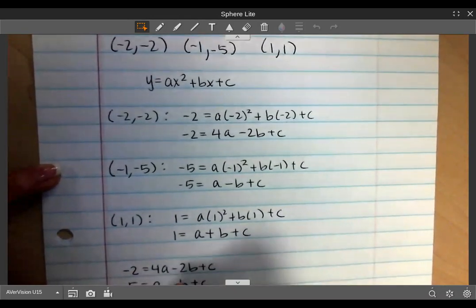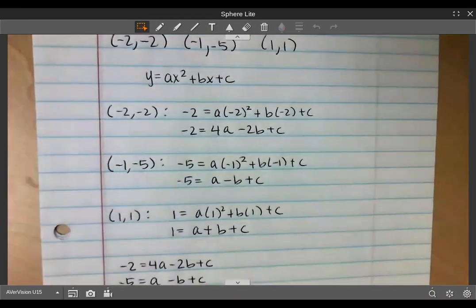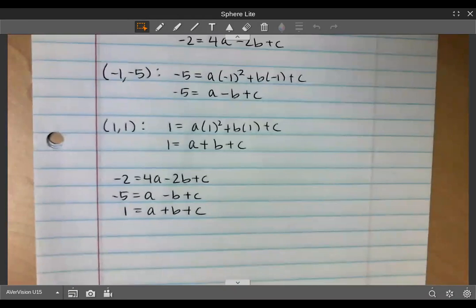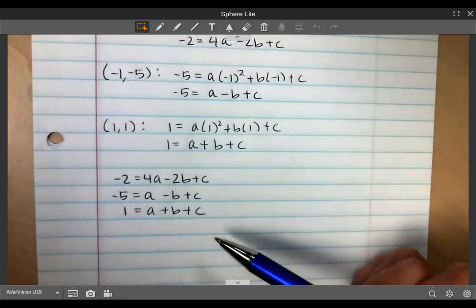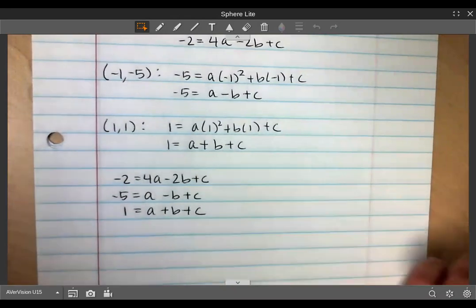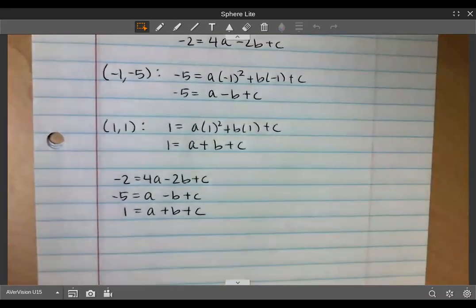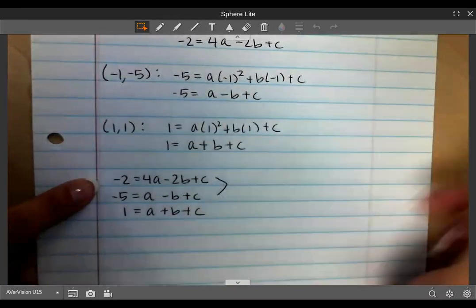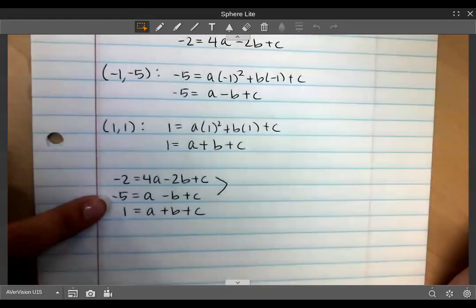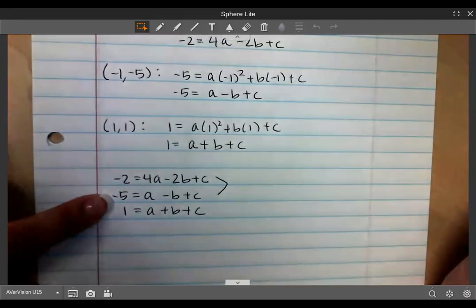All we have to do now is solve with substitution or elimination or whatever method you prefer to do on a 3-variable system. So I think this one's going to be easy to eliminate our c values. So we'll go ahead and eliminate the c values. So I'll use these top 2 first. And I'm going to go ahead and multiply a negative times the second one.